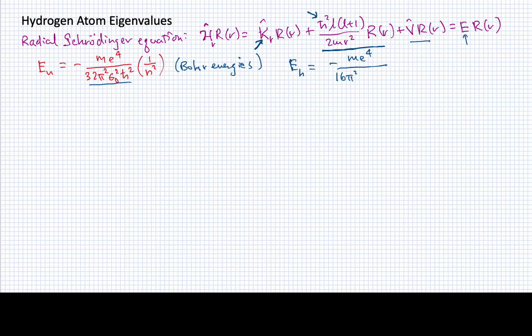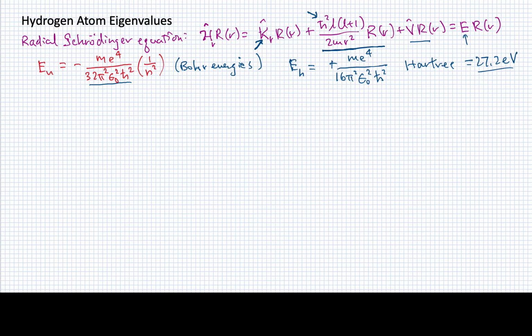If I define E sub h as not negative, but m e to the fourth over 16 pi squared epsilon squared h bar squared, this in fact defines a quantity we call a hartree. And we'll learn a little bit more about who Hartree was in a future lesson. But the hartree is in fact equal to 27.2 electron volts.